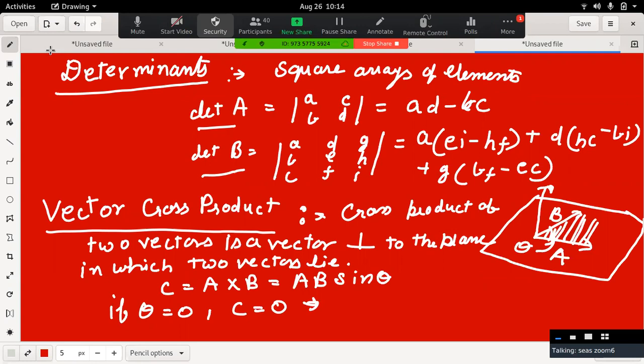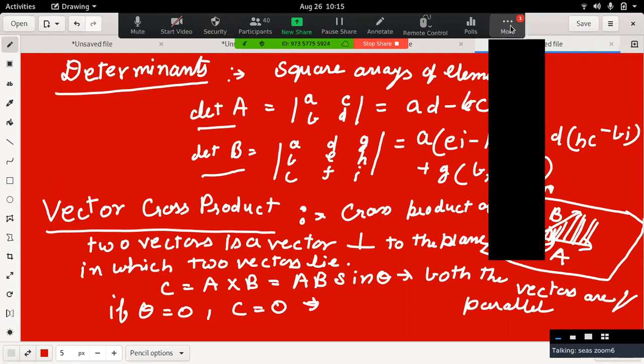When theta is equal to 0, it simply means that both vectors are parallel. And the direction of this cross product C is perpendicular to the plane on which A and B are lying.